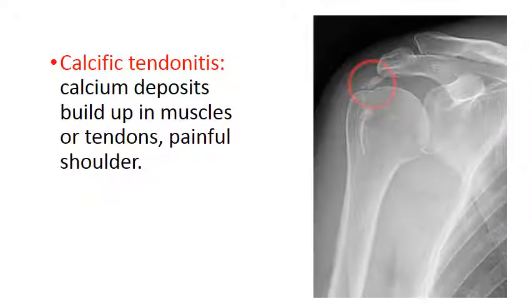Next, calcific tendinitis. What does calcific tendinitis mean? Calcium deposits build up in the muscles or tendons. Here, under the acromion process above the humerus, you can identify some deposit.